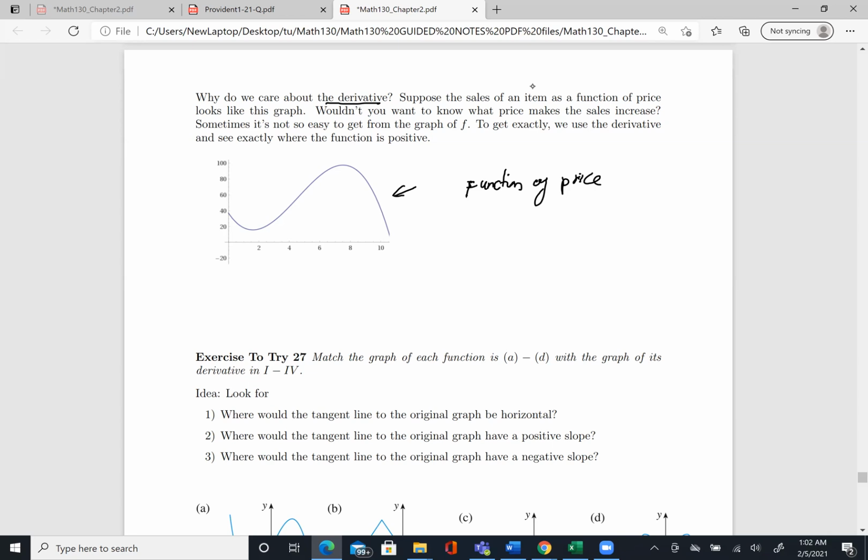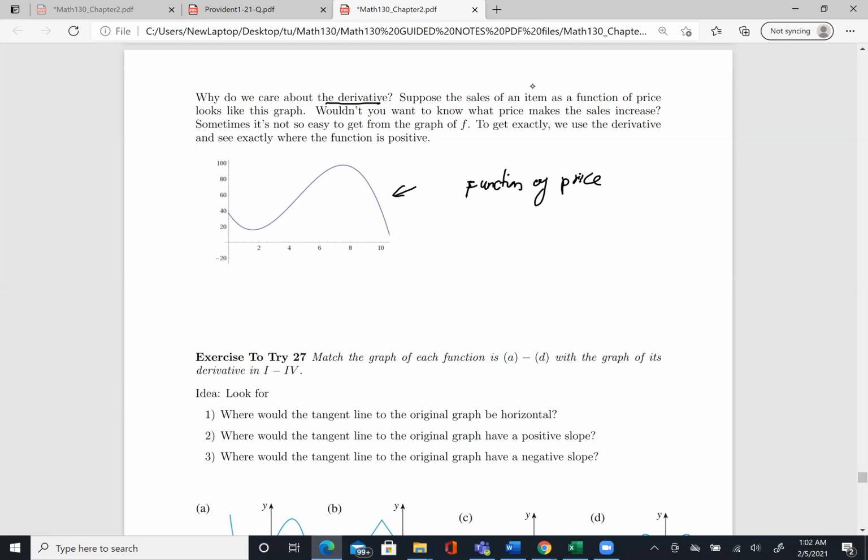Wouldn't you want to know what price makes the sales increase? Sometimes it's not easy to get this exactly from the graph of f. We use the derivative and see exactly where the function is positive.